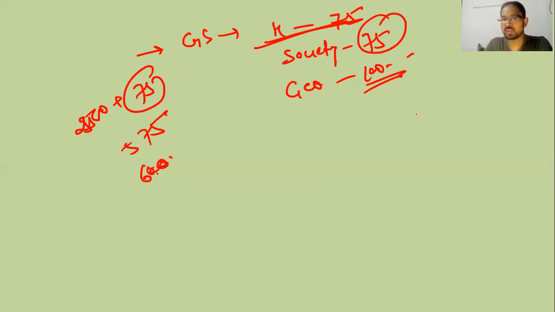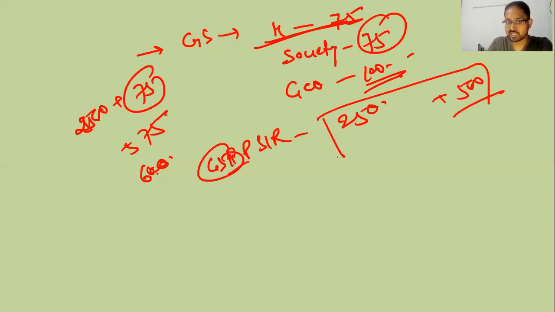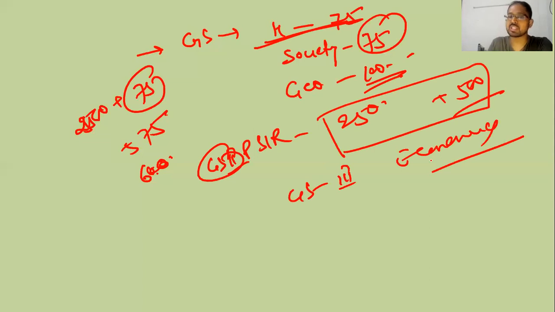Next is PSIR: GS paper 2 is 250 marks, plus 500 marks optional if you take PSIR. Then in GS paper 3, you have economics. If you take economics as an optional, then again you can get around 600 marks worth of syllabus from economics.